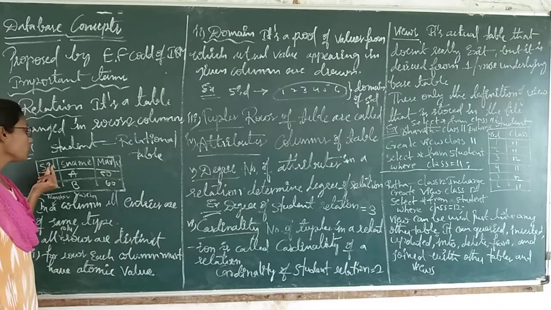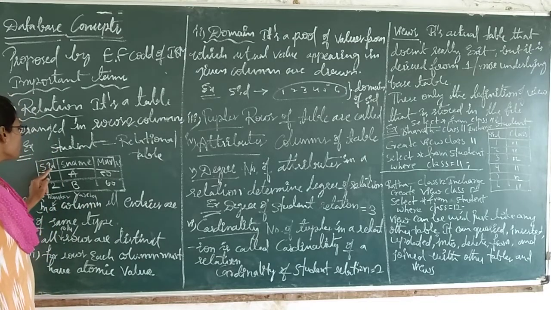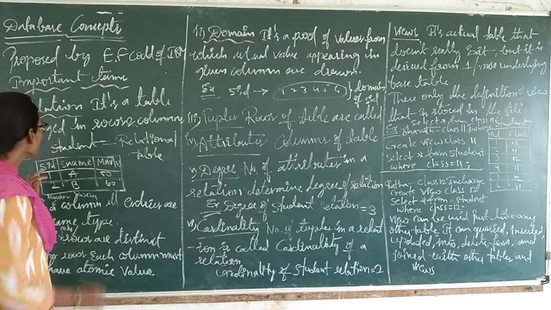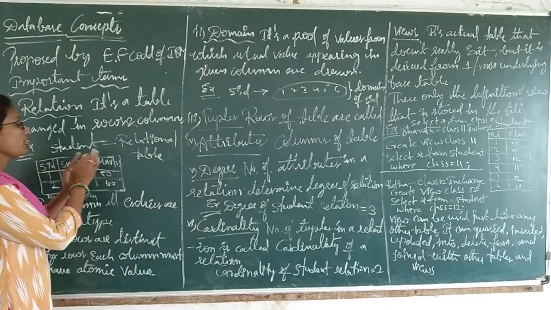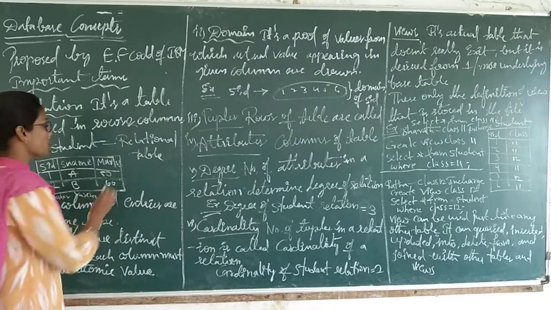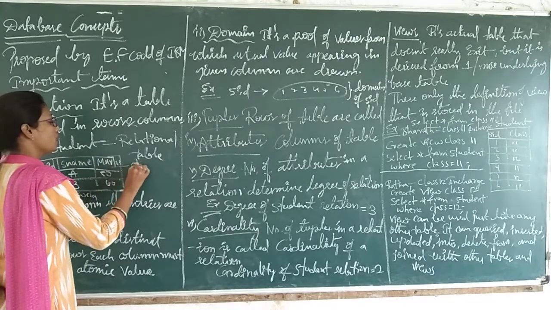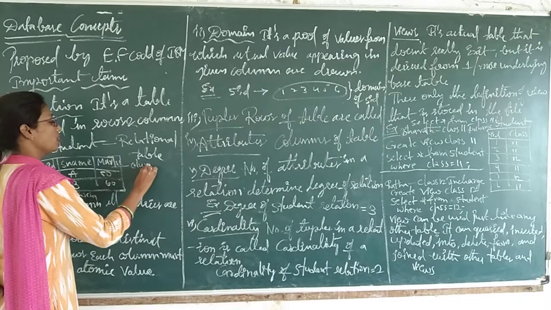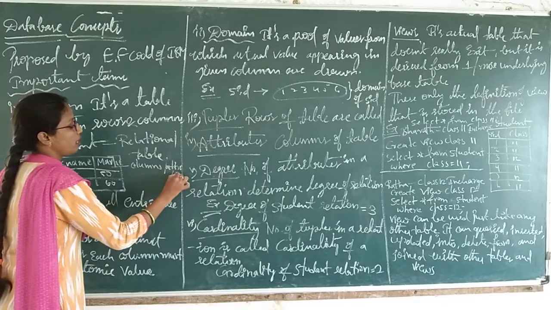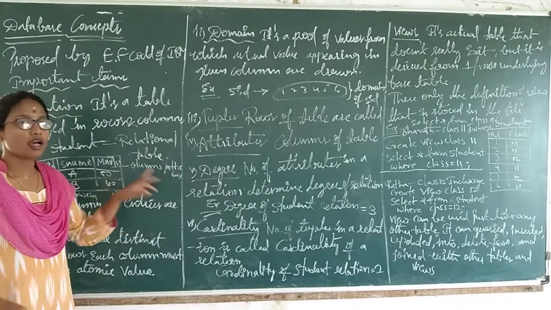The attributes of the student are student ID, student name and marks. We call student ID, student name and marks attributes or columns.